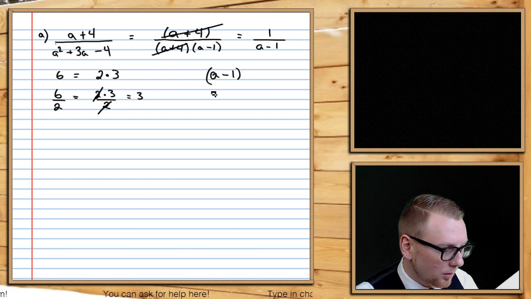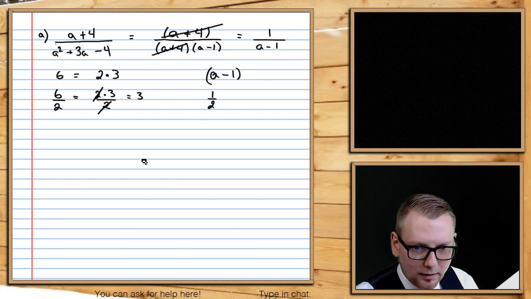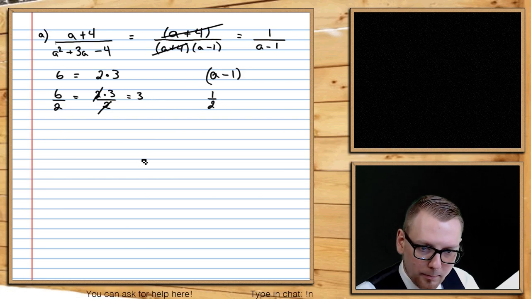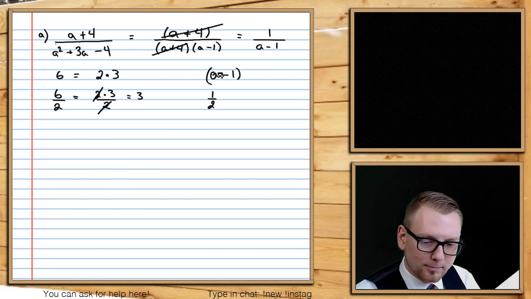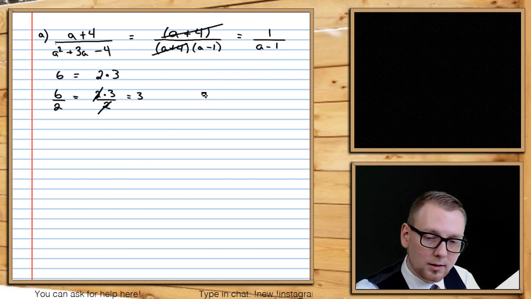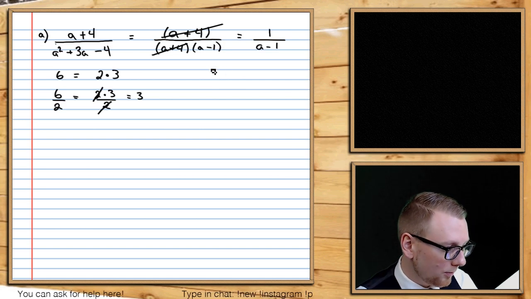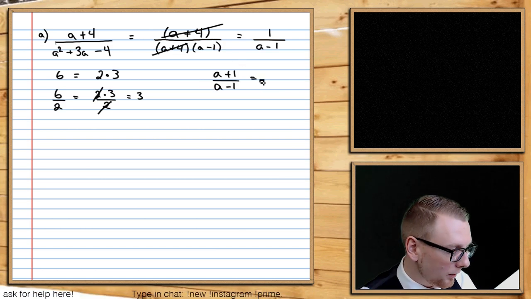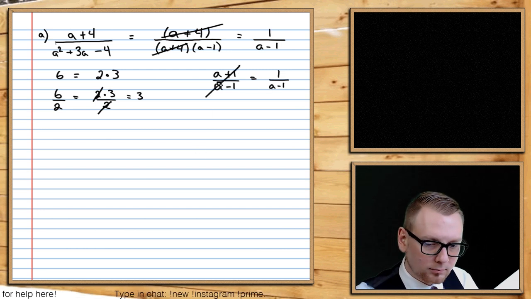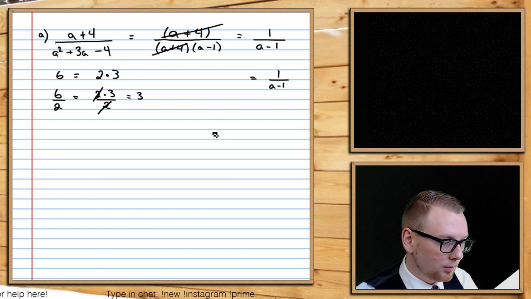For the same reason that you would write 1 over 2, 1/2. If there was something still on the top, you would still write that. So, for example, you still had to write a 1 over a minus 1. Does that make sense?